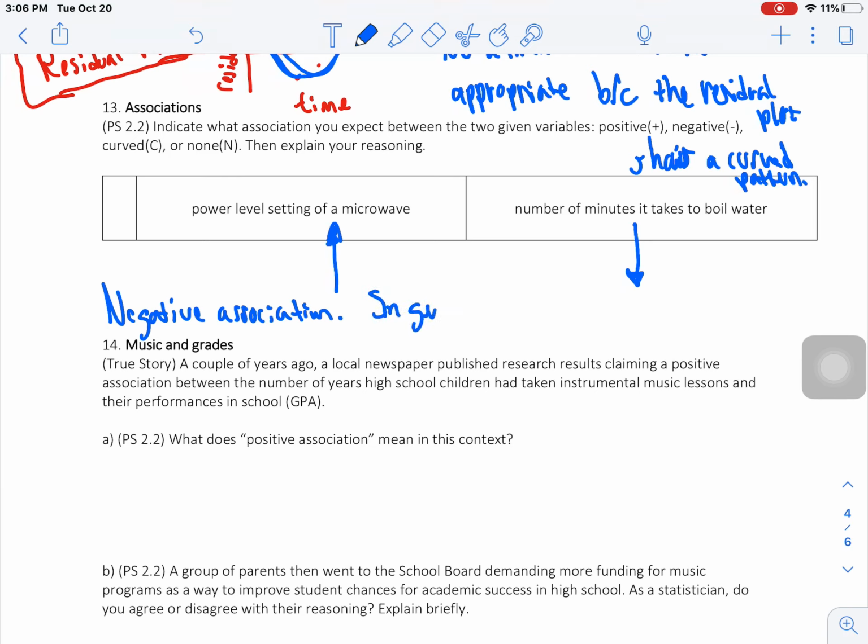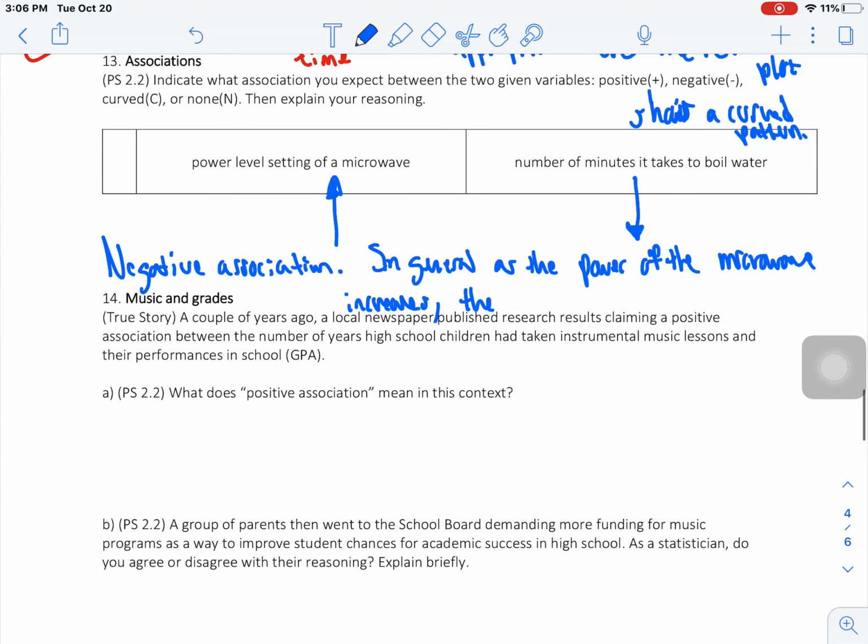We can say in general, as the power of the microwave increases, the number of minutes to boil decreases.